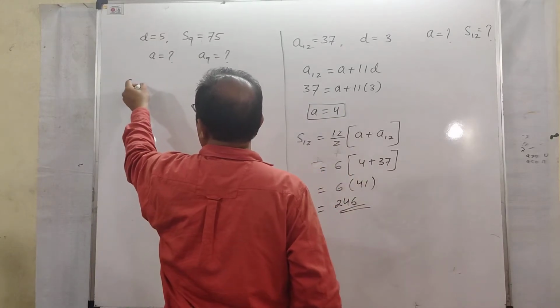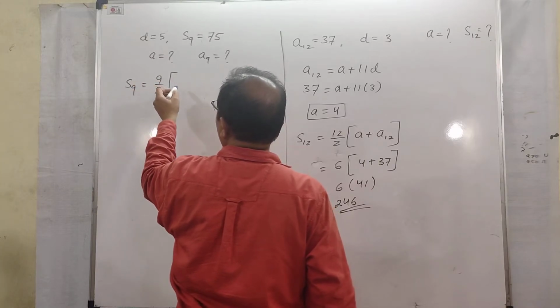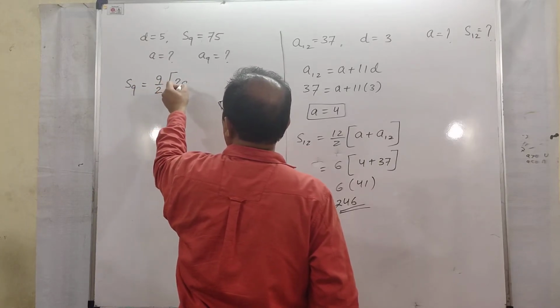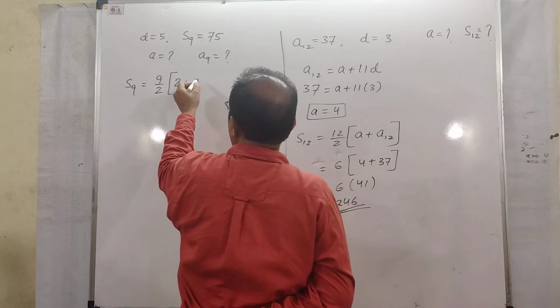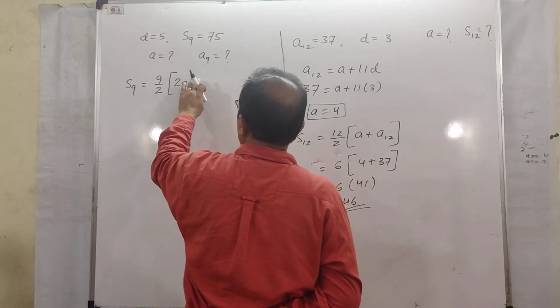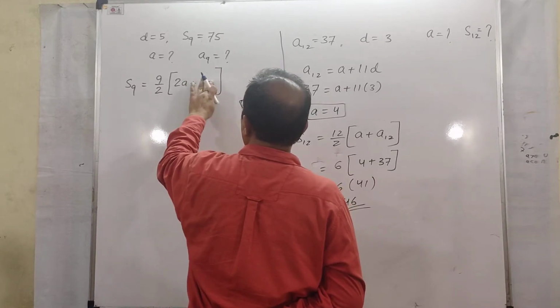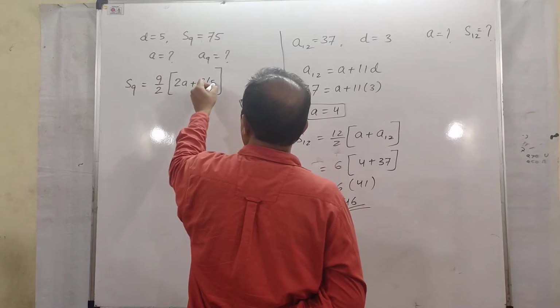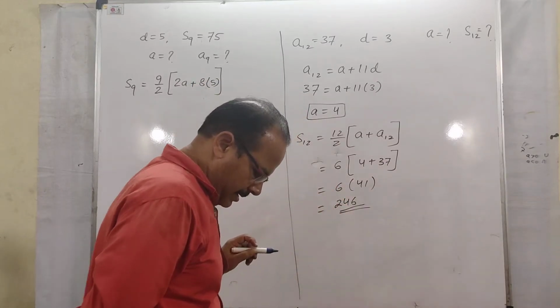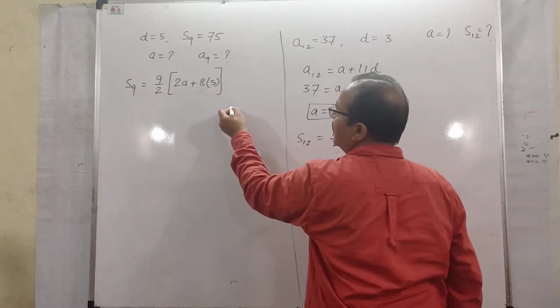The value of S9 is 9 by 2 into 2a plus 8d. D is also known to us, that is 5. Which formula am I using?